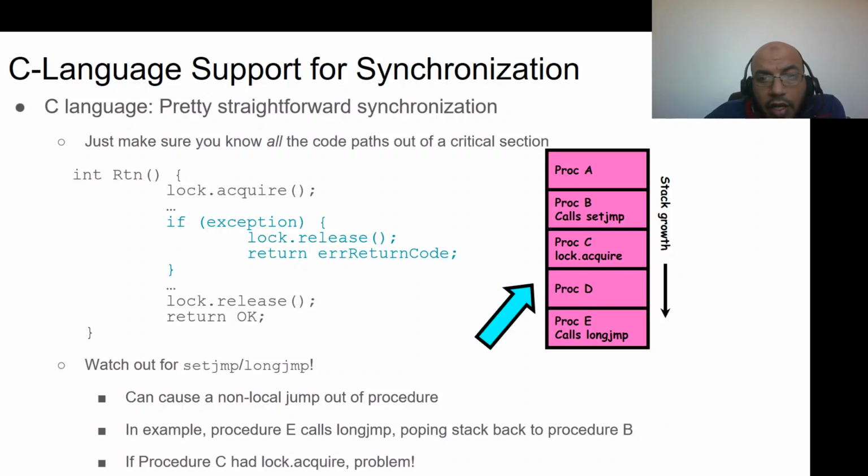In this example, procedure E calls longjmp, popping the stack back to procedure B. If procedure C has lock.acquire, you have a problem. If you have longjumps between different procedures, you can end up with issues because B will call C, C has the lock acquired, and E has already acquired the lock, but it jumped back, and these sorts of things.